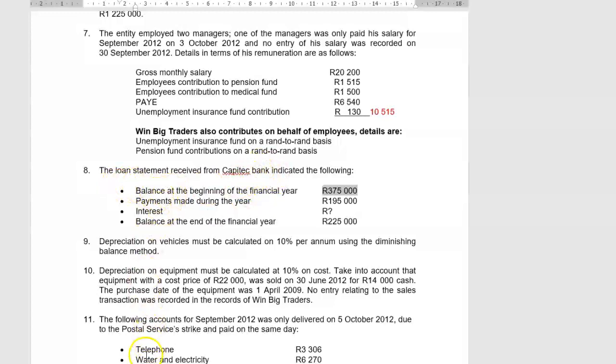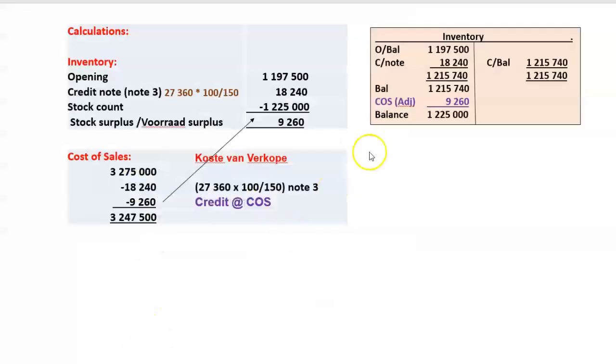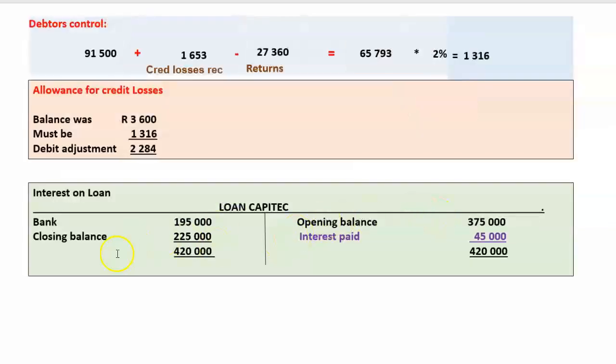So the easiest way to do that is by way of a T account. Opening balance, 375,000. Bank, amount paid, 195,000. That gave us the closing balance of the loan account, 225,000.